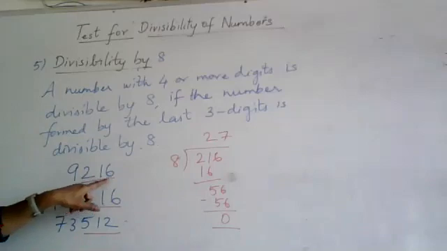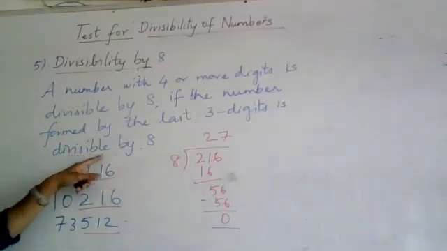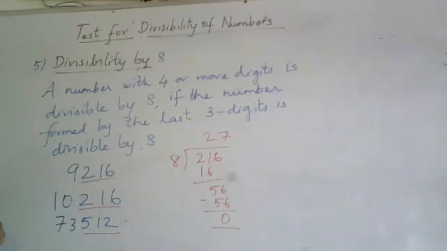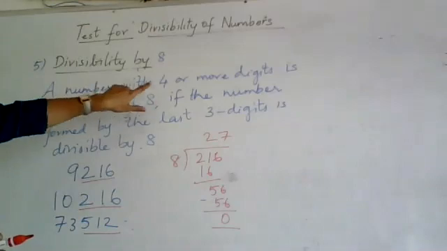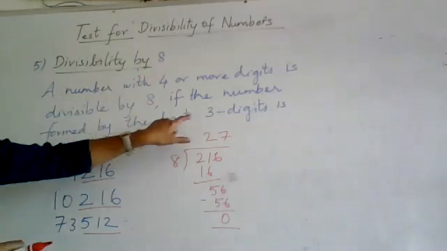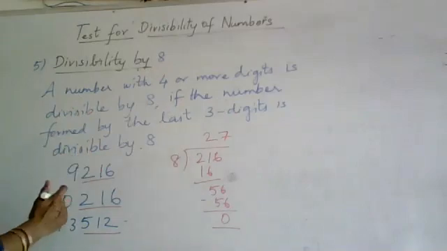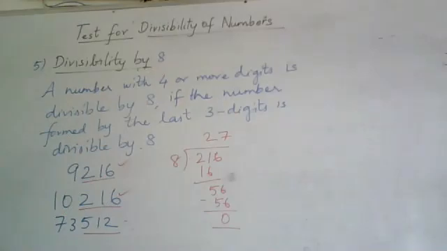So if 216 is divisible by 8, then this number 9,216 is also divisible by 8. That's what the divisibility test says. A number with 4 or more digits is divisible by 8 if the number formed by the last 3 digits is divisible by 8. So the second number also again, because 216 is the last 3 digits, it is divisible.